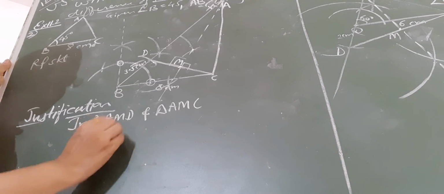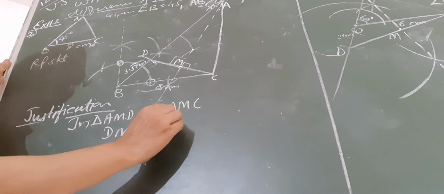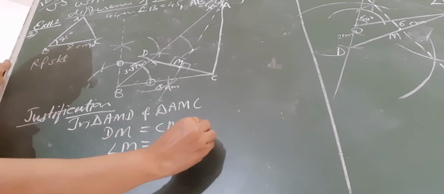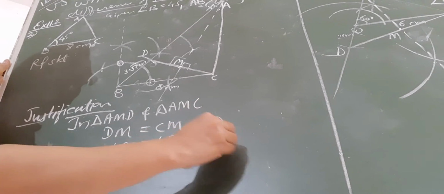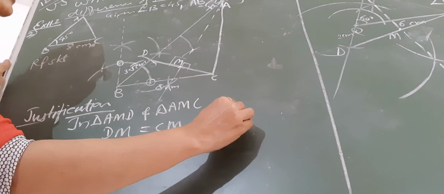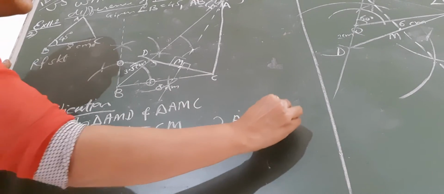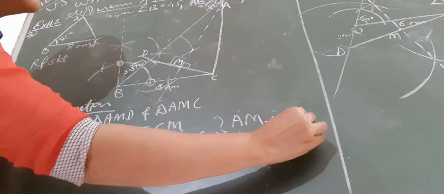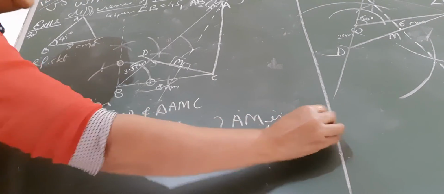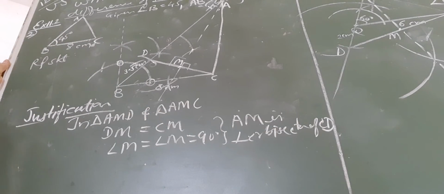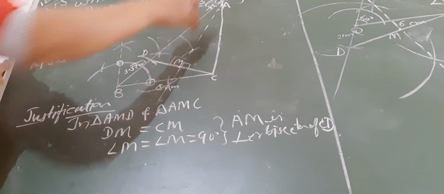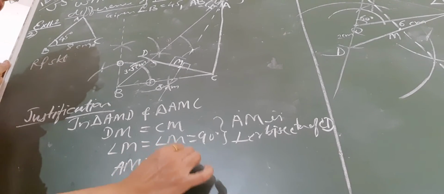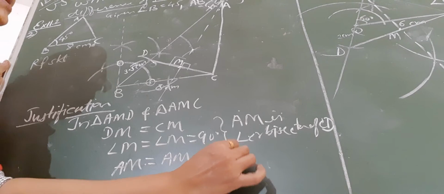So we get DM equal to CM and angle M equal to 90 degree, because AM is the perpendicular bisector of CD. Next, AM is common, so AM is equal to AM.